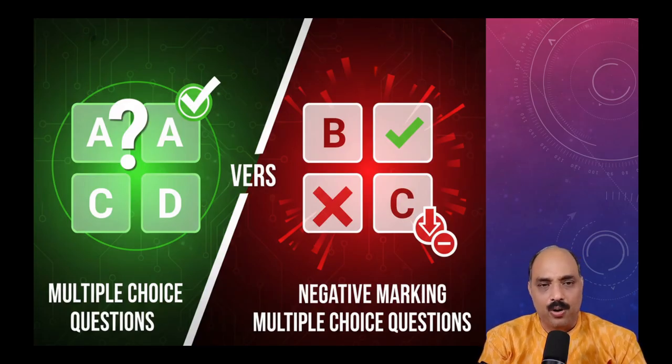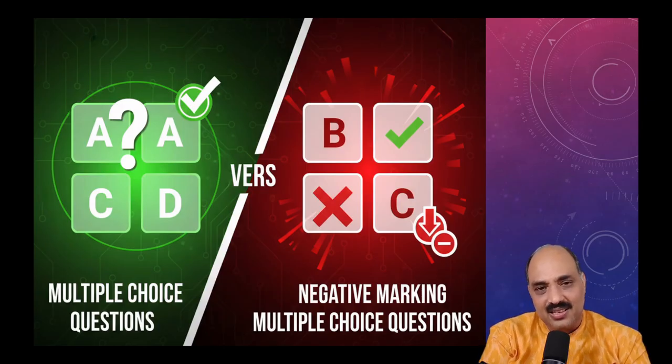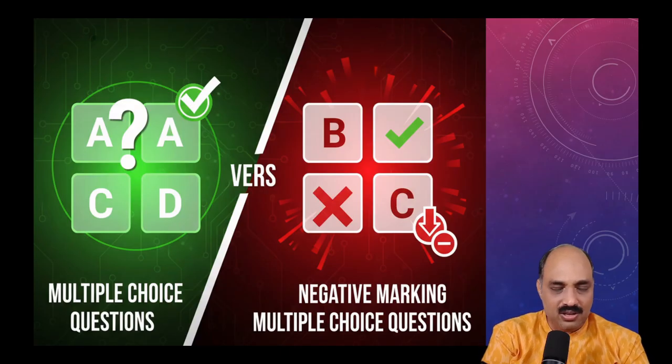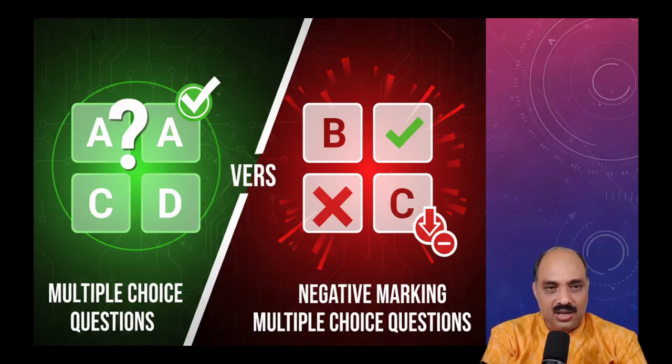If you see the simple probability, if the LLM guesses an answer and it is right, it will definitely get a reward. If the LLM doesn't answer the question, there is no negative marking. So the odds for the LLM to choose something, even if it is not sure, are always positive.